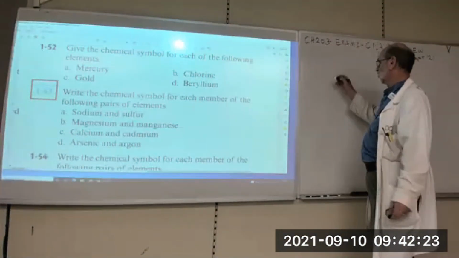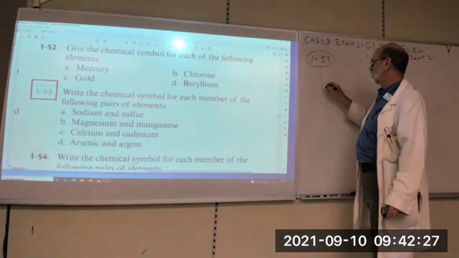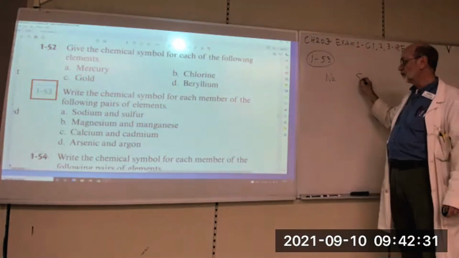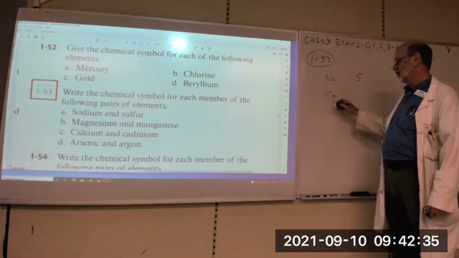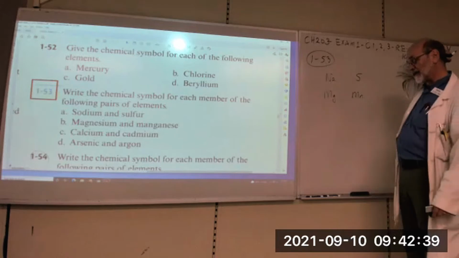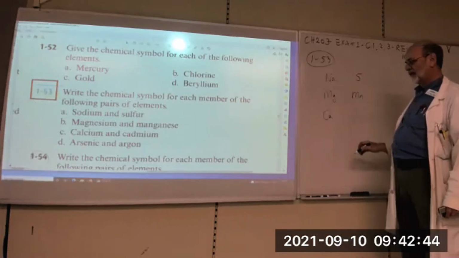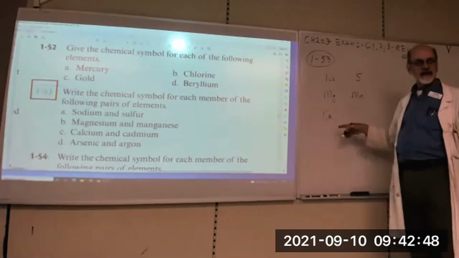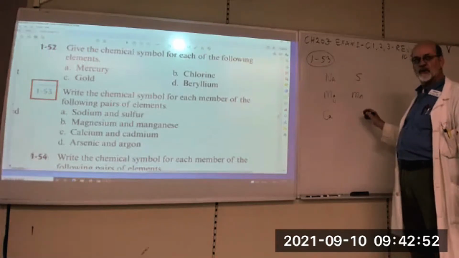Like sodium, see 153. Sodium, like sulfur. Magnesium, Mg. Manganese, Mn. Calcium, cadmium. The calcium came first, so it gets the Ca. Cadmium came later, so it's the poor stepchild.